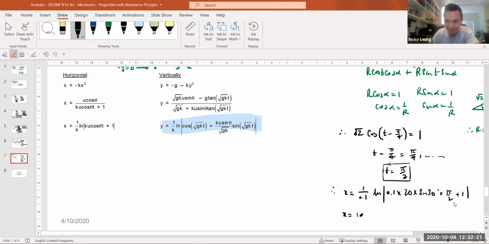That's like 10 ln. That's all 1, I believe. That's just pi on 2 plus 1. Punch in the calculator. I believe it's x equals to 13.1 meters. All right. Wow. Okay.